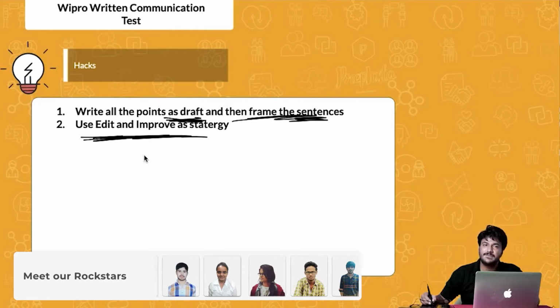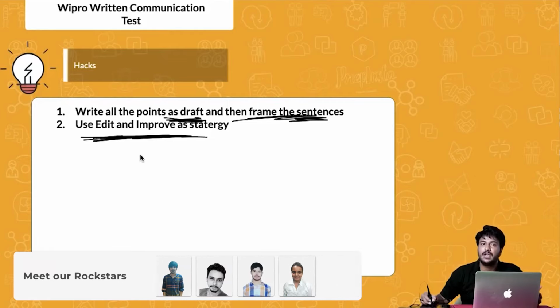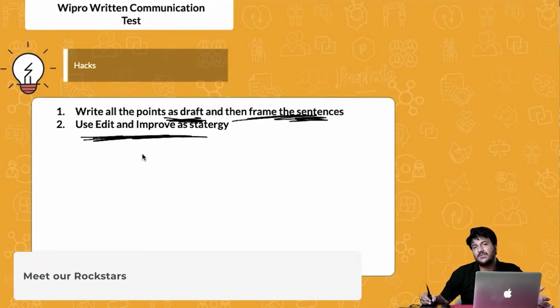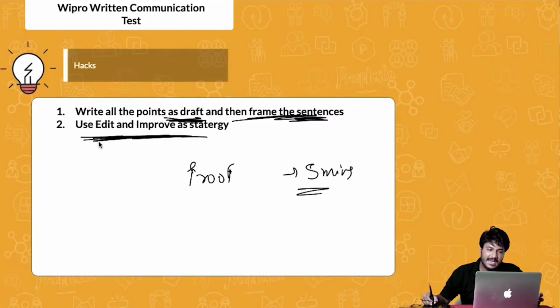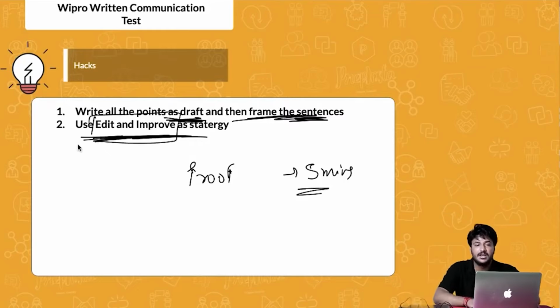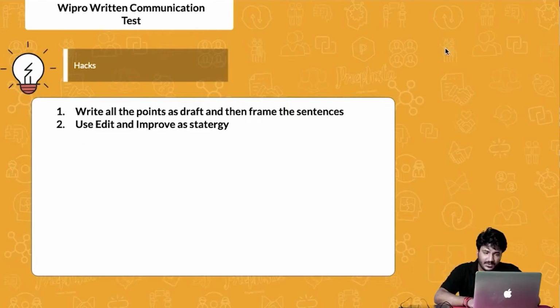Maybe sometimes you may understand that, okay, this word can have an alternative, which is a signpost word, so let me use a signpost word, right? All proofreading is very important. I will say give 5 minutes to proofreading and the edit and improve strategy for the test, right? So this becomes very, very important and very, very vital, right?